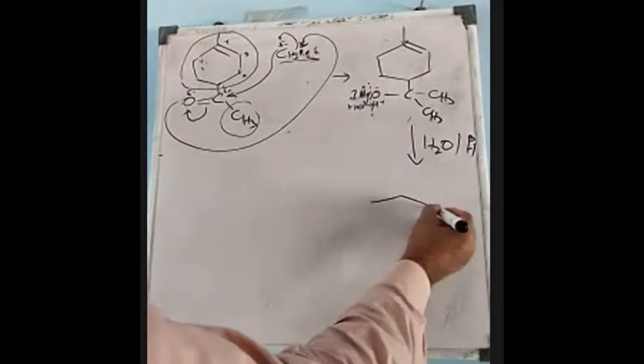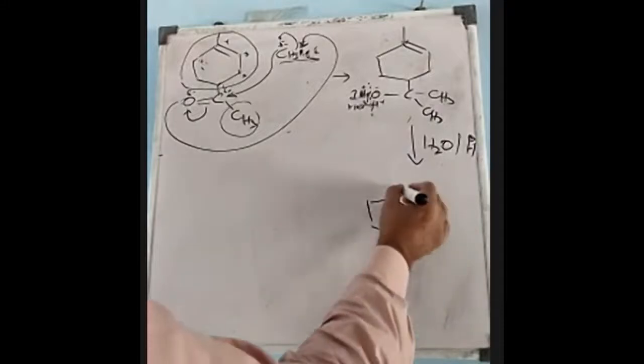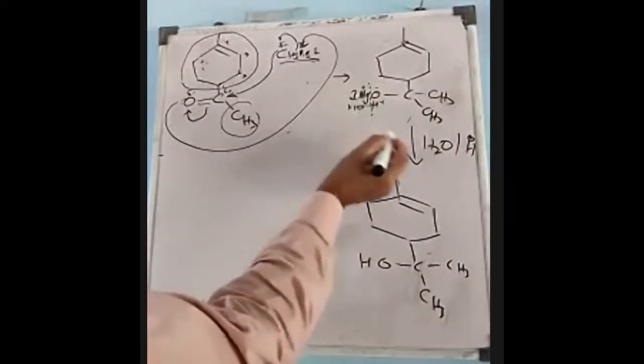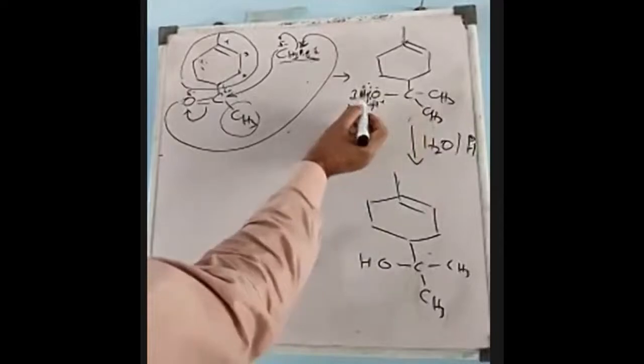Now which compound is produced? Look here: C, CH3, CH3, and OH, plus we get hydroxy magnesium iodide.